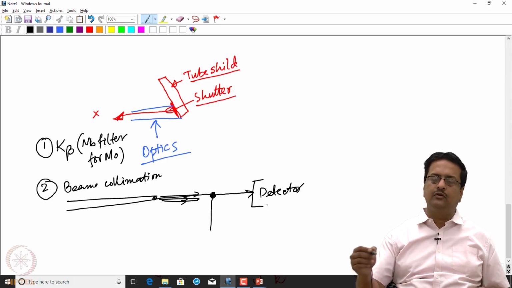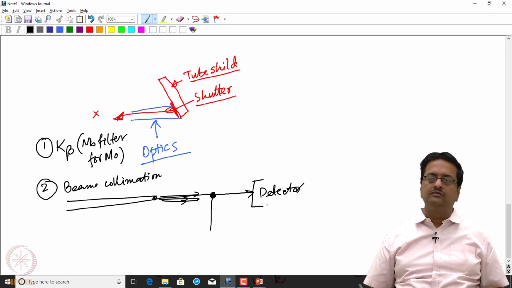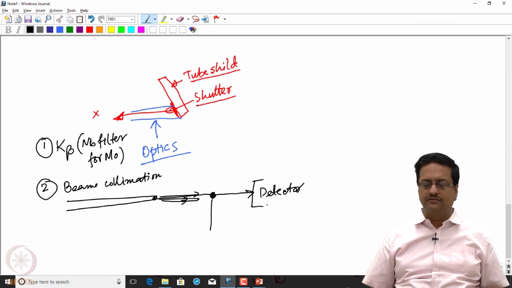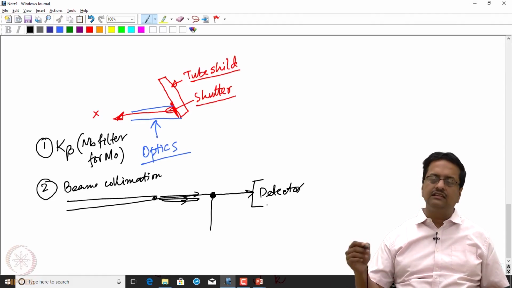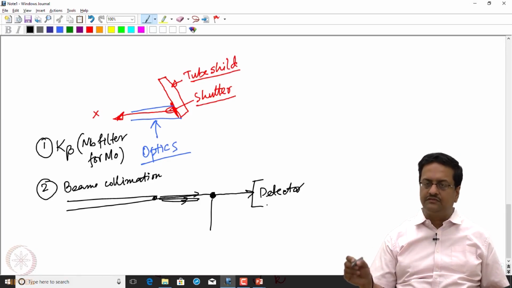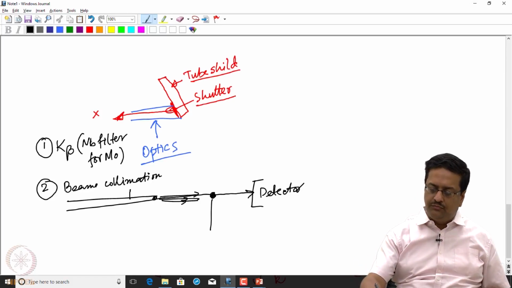We have discussed the intensities in the previous lecture, probably in the first week, and we know that this intensity can be very high if we have a rotating anode source. So this intensity can damage the detector. So to stop that direct beam which is passing through the crystal, one has to place a beam stop.